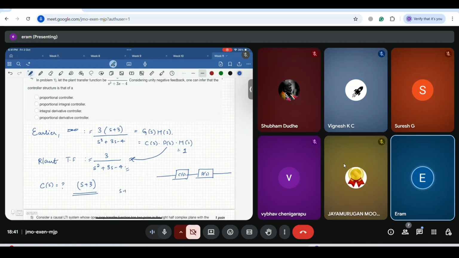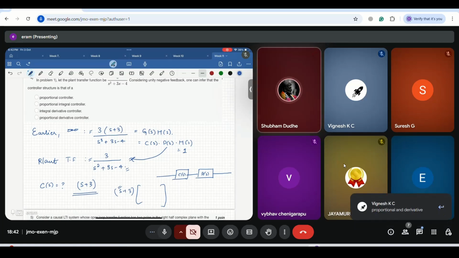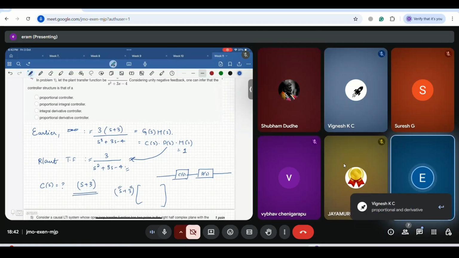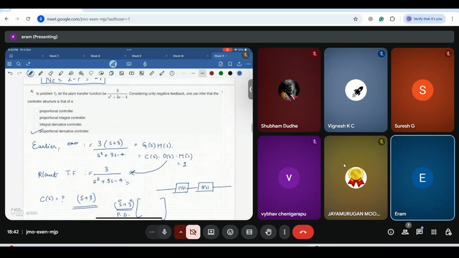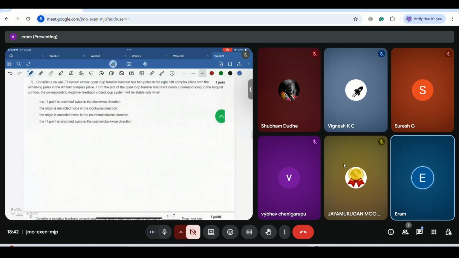If S plus 3 acts on something, what will it do? What is the property of S? Differentiation. It will differentiate. And 3 is just a proportional constant. So this is a proportional derivative controller. So the correct option is D. Okay. Okay then.